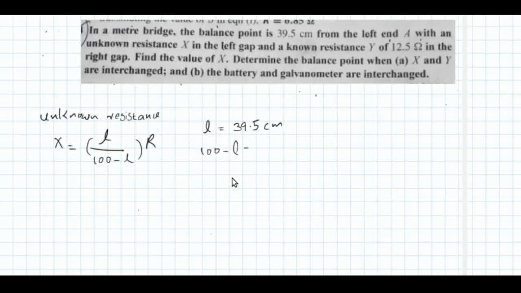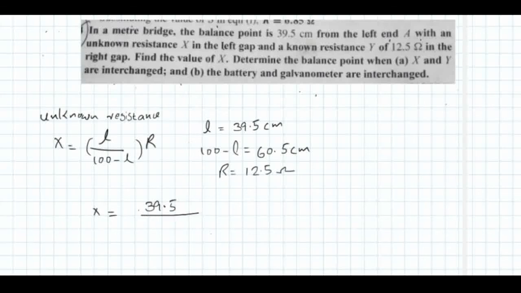Therefore 100 minus L will be 100 minus 39.5 centimeter, and that is 60.5 centimeter. So all the quantities are known: L, 100 minus L, and R. Therefore X can be found by substituting the values.